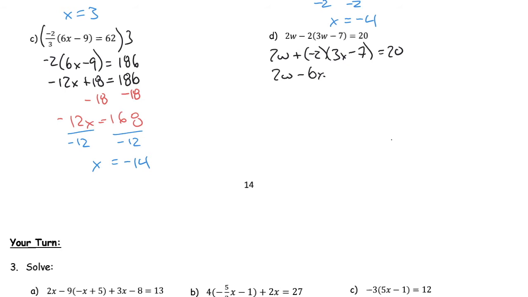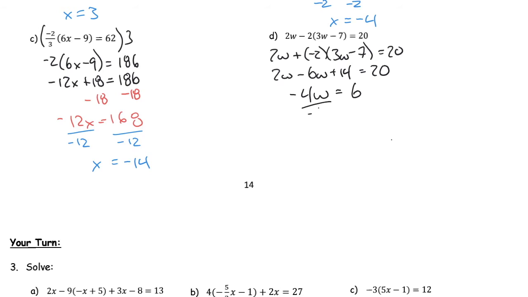The w became an x there, sorry, so that should have been a w. So this will be w, and then negative 2 times negative 7 will be positive 14 equals 20. So negative 4w is equal to, when I subtract 14 from both sides, I'm going to get 6.